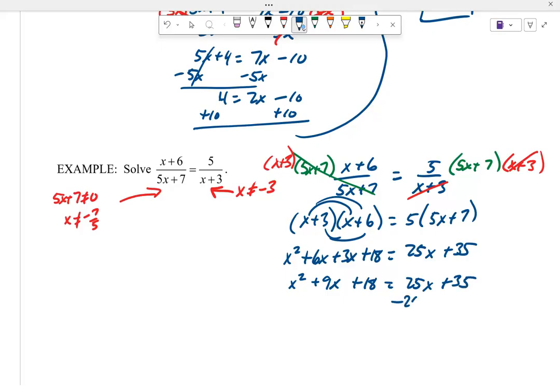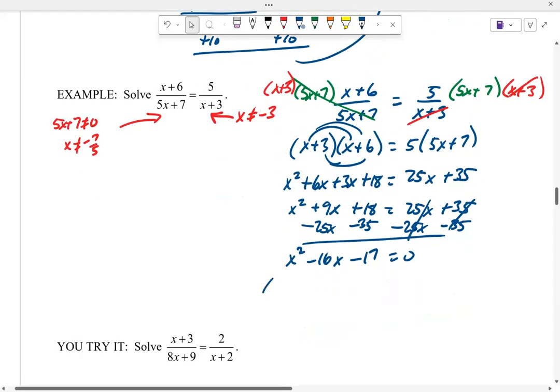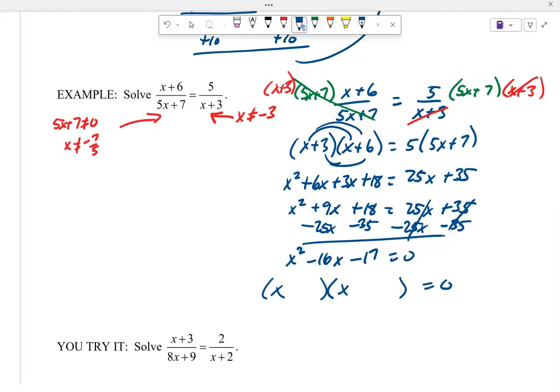Well, since we're solving a quadratic, let's make sure we get the one side equal to 0. So we get x squared, let's see, that'd be minus 16x. That's minus 17. So this will factor for us. It's got to be x and x. It's got to be a minus 17, a plus 1.